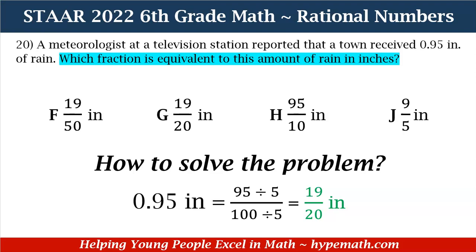So we don't know what the highest number is, so we're going to divide 95 and 100 by 5. Starting with our numerators, 95 divided by 5 is equal to 19. 100 divided by 5 is equal to 20. So 0.95 inches converted to a fraction is 19 over 20 inches.